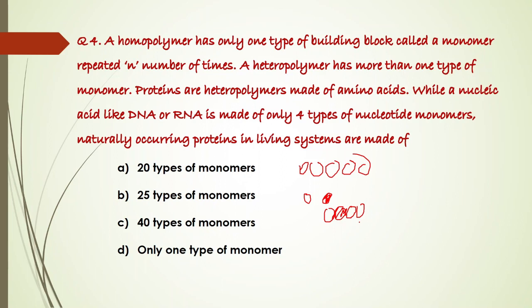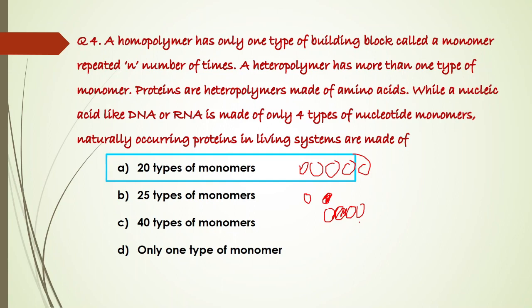So naturally occurring proteins in living systems are made of how many types of monomers? This was a very easy question. Yes, the answer is correct. We all know that in naturally occurring proteins, there are 20 essential amino acids that are important in naturally occurring systems.